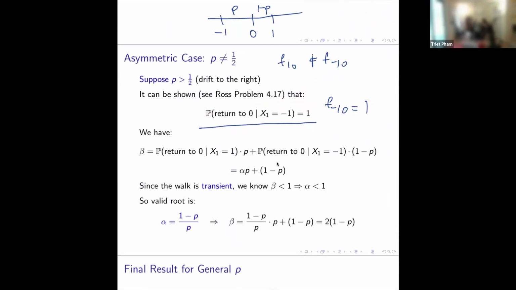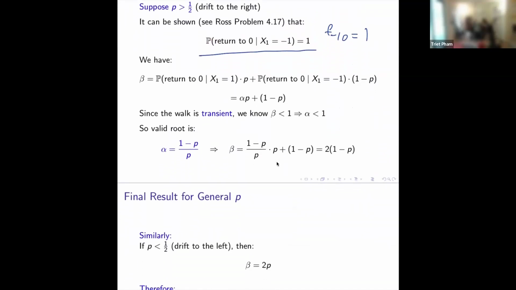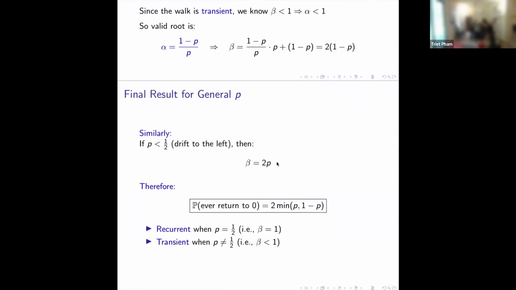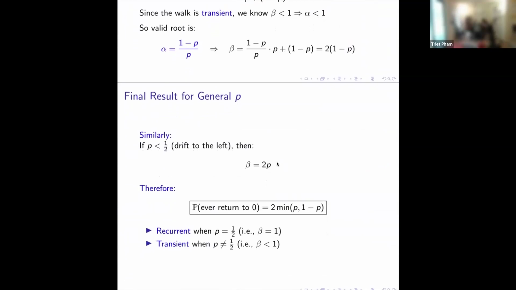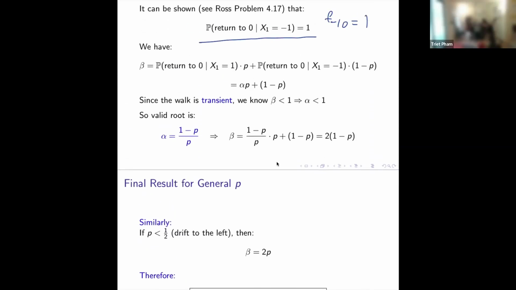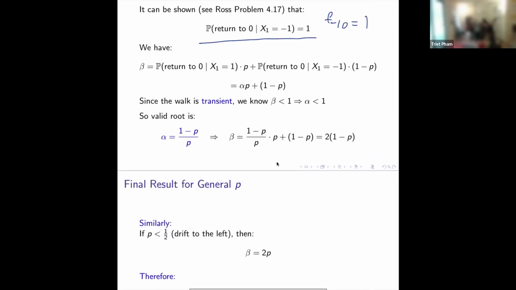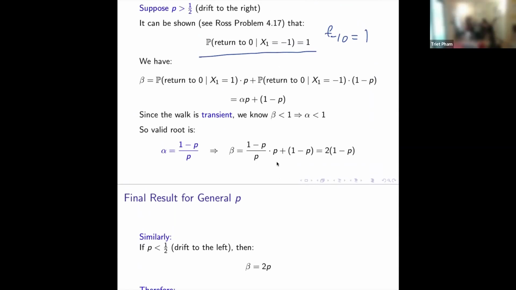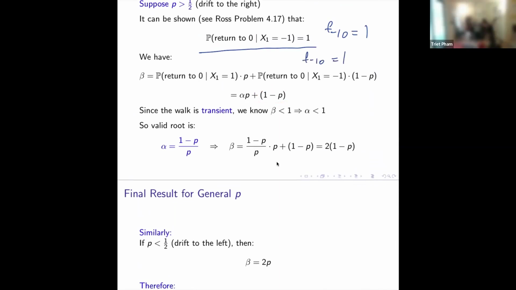And then you look at the probability, do you ever return to 0? In this case, f minus 1 is equal to 1. And f10 will be less than 1 from the same argument. So that's that.